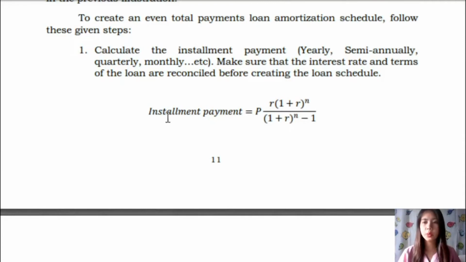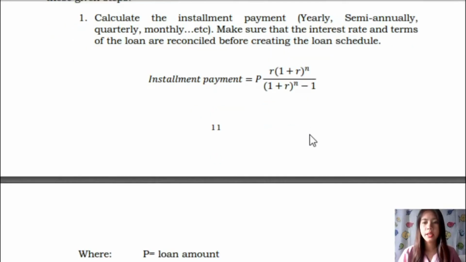So this is the formula. Installment payment is equal to the principal times rate multiplied by 1 plus rate raised to the loan period. So ito po siya. So over 1 plus rate po ulit raised to the period of loan minus 1.